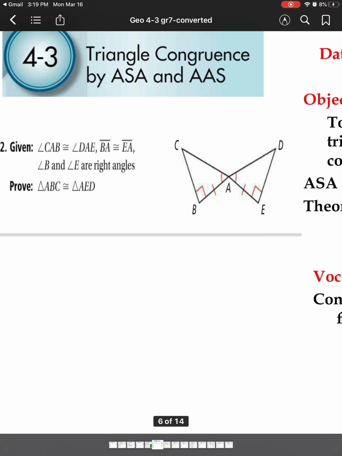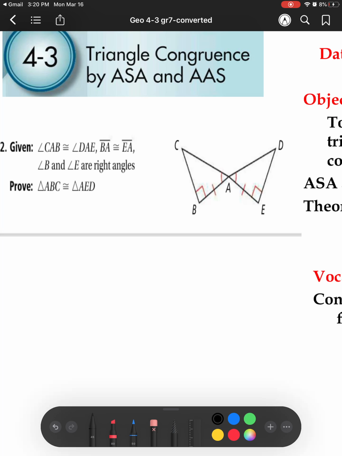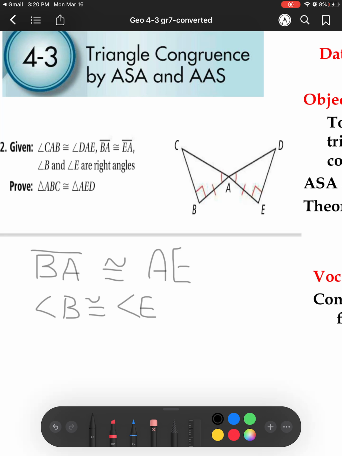If I just look at the drawing, he told me that line segment BA is congruent to AE. And he told me that angle B is congruent to angle E, if both of them are 90 degree right angles.